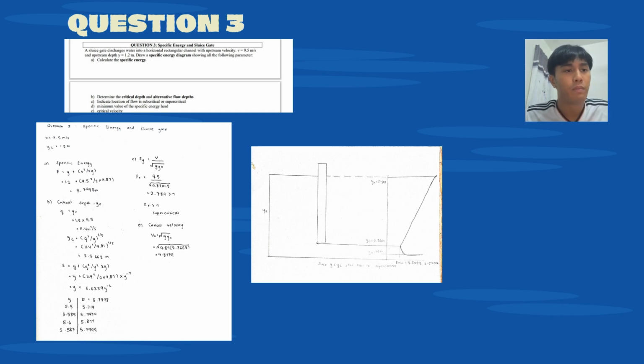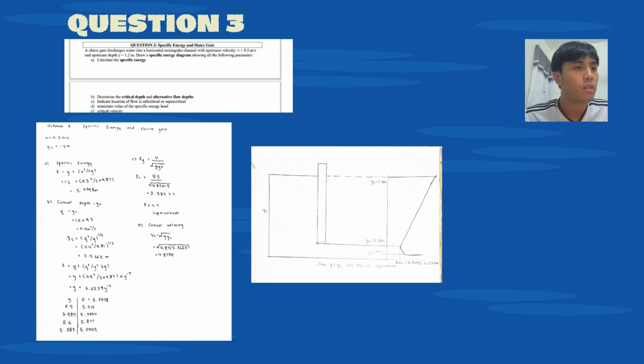The Froude number formula is V divided by square root of g yc, and then we get 2.789, more than 1. So the Froude number is more than 1, so it's supercritical.